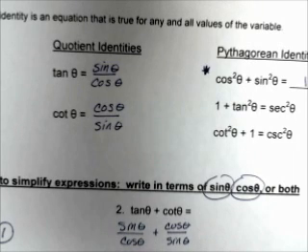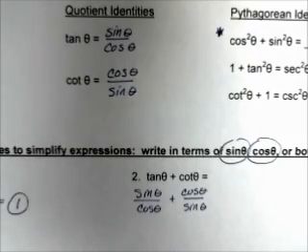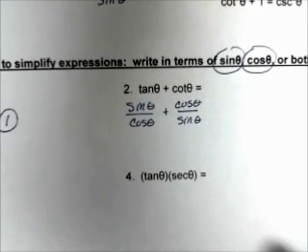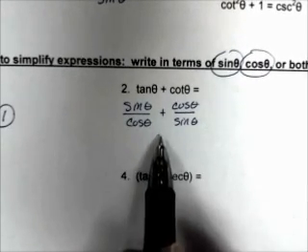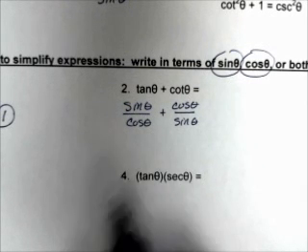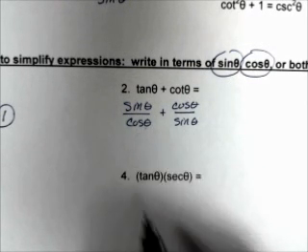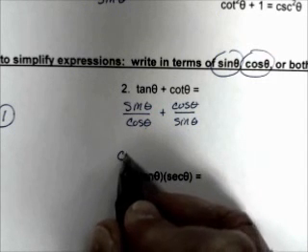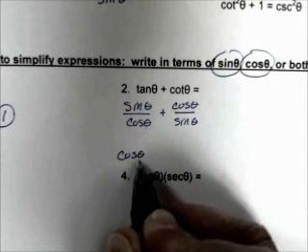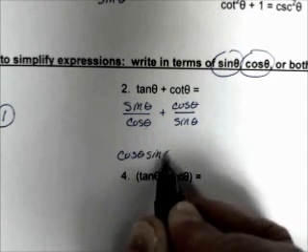Now we have to add these fractions. To add fractions, what do we need? Yep, a common denominator. If I look at the two denominators, the common denominator would be their product, cosine theta sine theta.